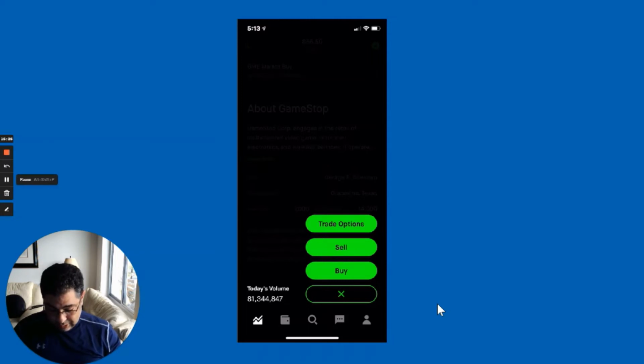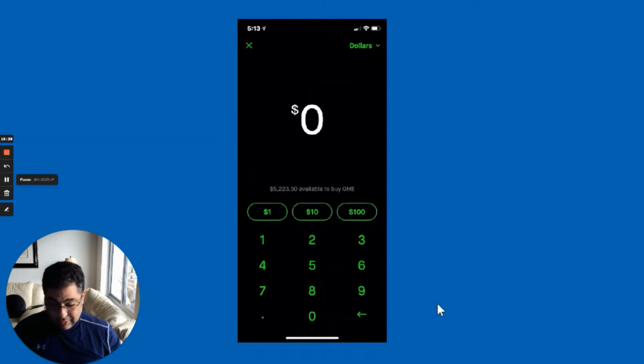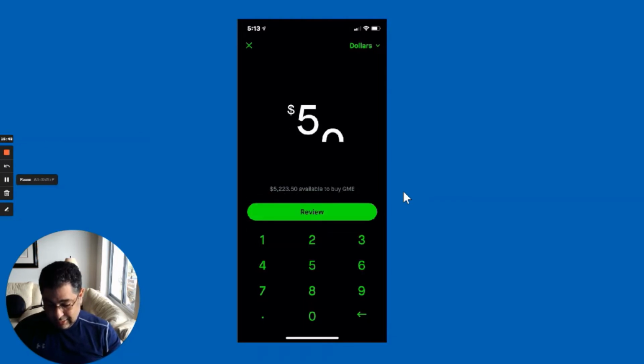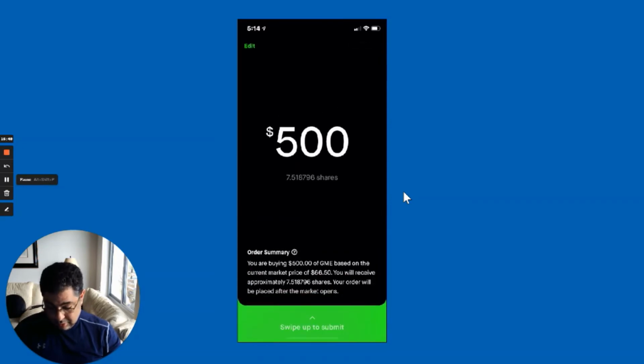So let's say I wanted to buy stock, right? So first of all, it tells you right here on the bottom that I have $5,223 available. So if I want to do it in dollars, let's say I put $500, then you can review your order, and if you agree, when you swipe up, it's done.